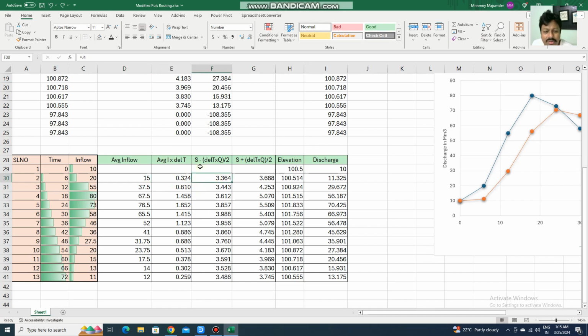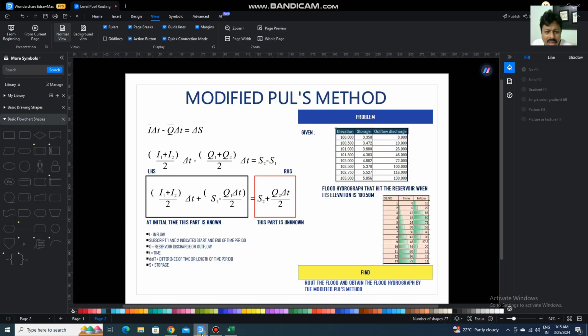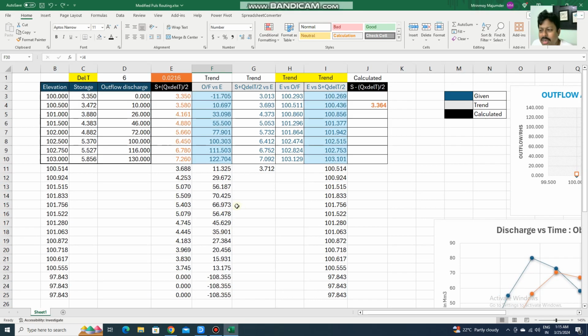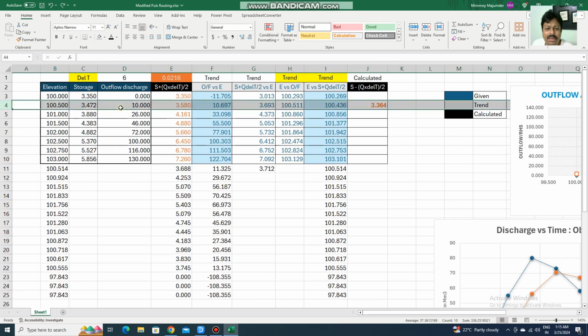Now my next work will be to find the S minus del t into Q by 2. Remember at the beginning I said that all these LHS terms are known. So at the initial time period I know S minus Q del t by 2. That is why the initial elevation was 100.5. For that elevation I have already calculated S minus Q into del t by 2.